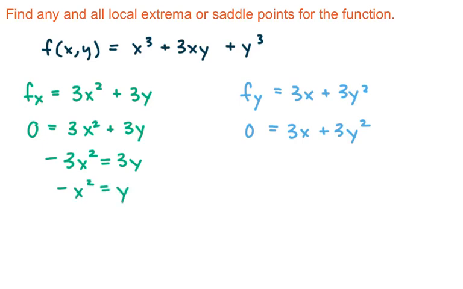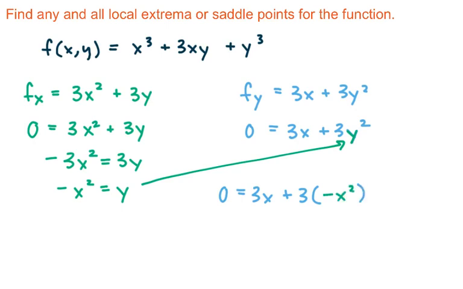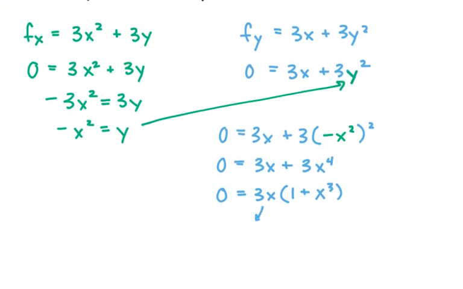So I can take that negative x squared and plug it into my other equation for that y value, which gives me 0 equals 3x plus 3 times negative x squared, squared, which gives me 0 equals 3x plus 3x to the fourth. 0 equals 3x times 1 plus x cubed. Solving this, I'm going to get x equals 0 and x equals negative 1.